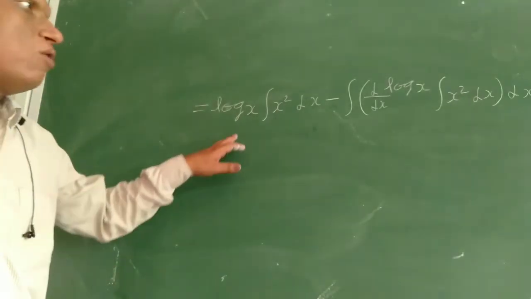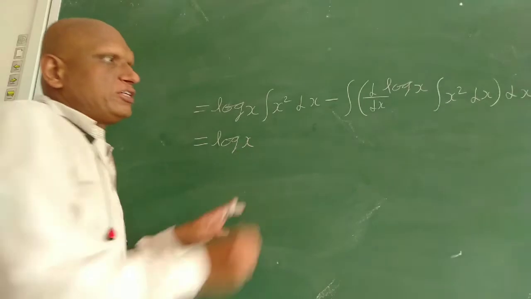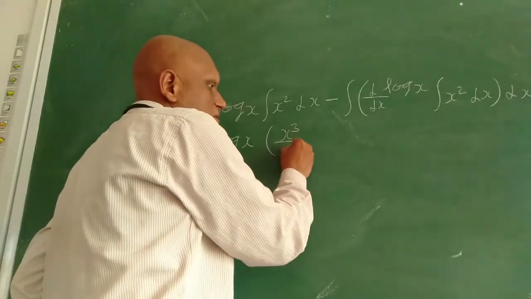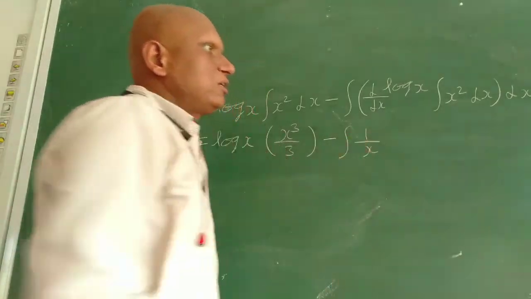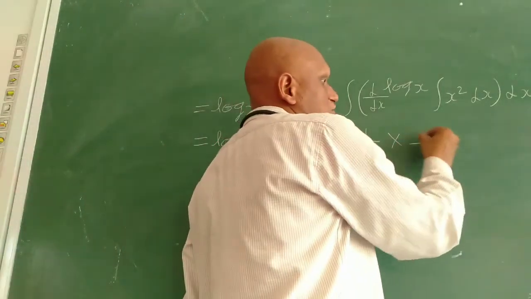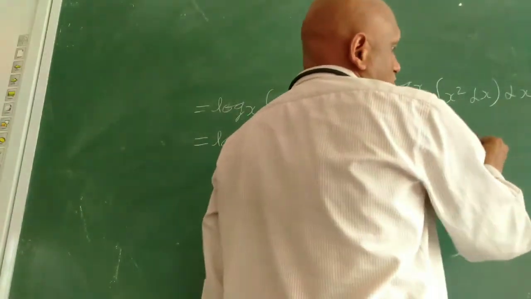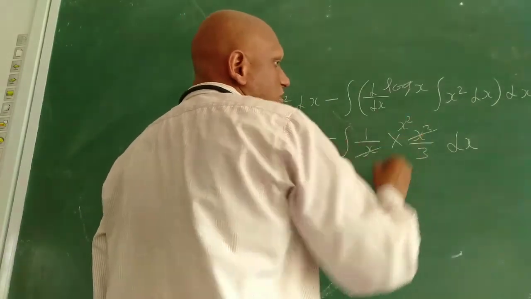Right? Now log x, what is the integration of x square? X cube by 3, minus integration of the differentiation of log x, which is 1 by x, and the integration is x cube by 3, dx. Okay, this x cancels out with x cube, we get x square.